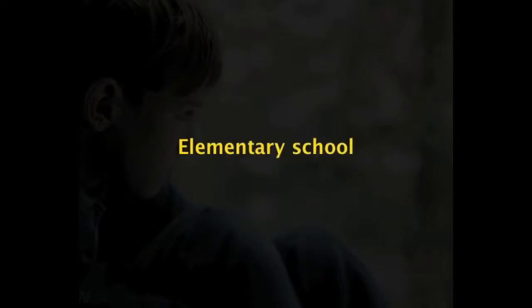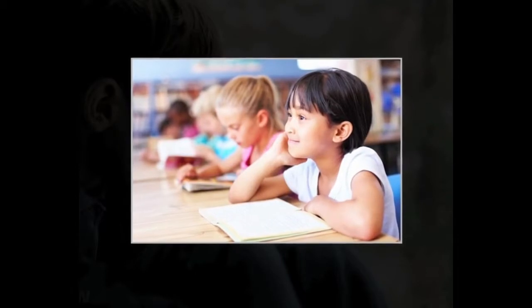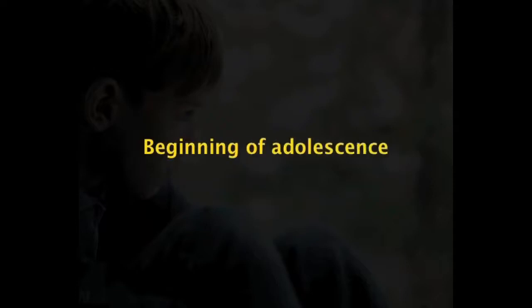Elementary school. The children begin to realize that emotional expressions do not always reflect people's true feelings. Beginning of adolescence. The children appreciate that people can have ambivalent emotions towards people and events.